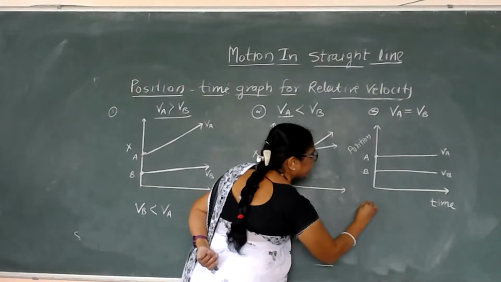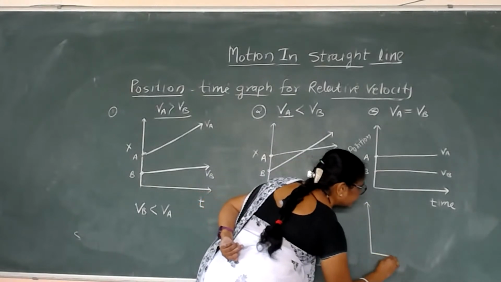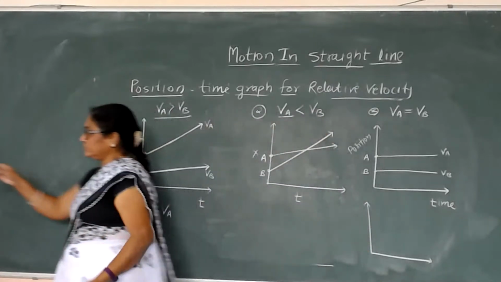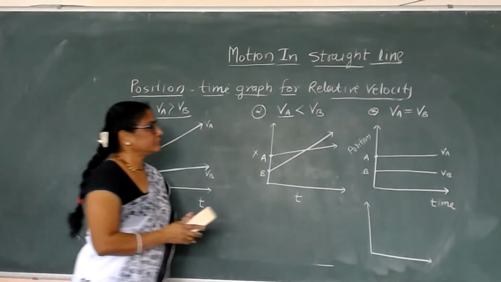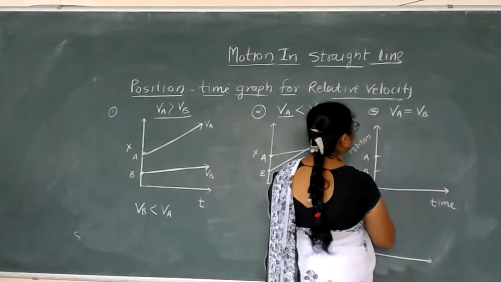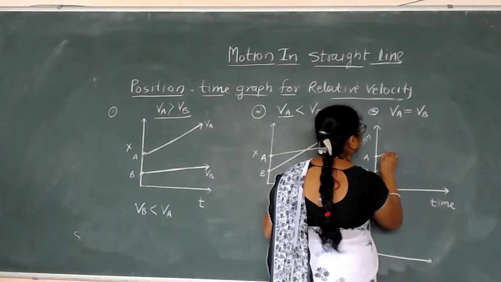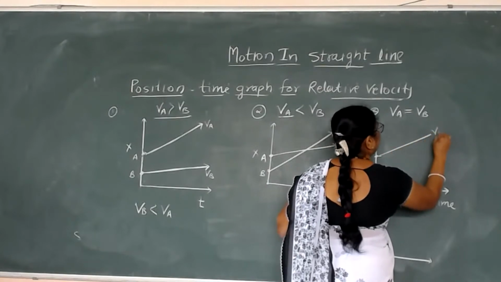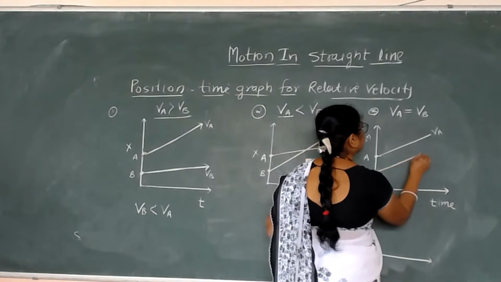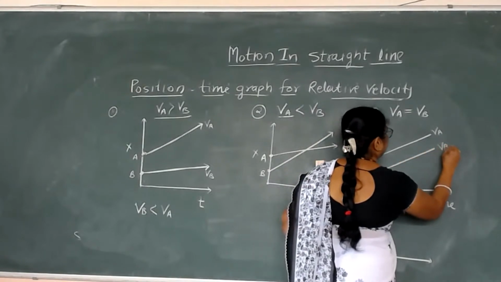Otherwise we can also draw here VA, and take the parallel VB.